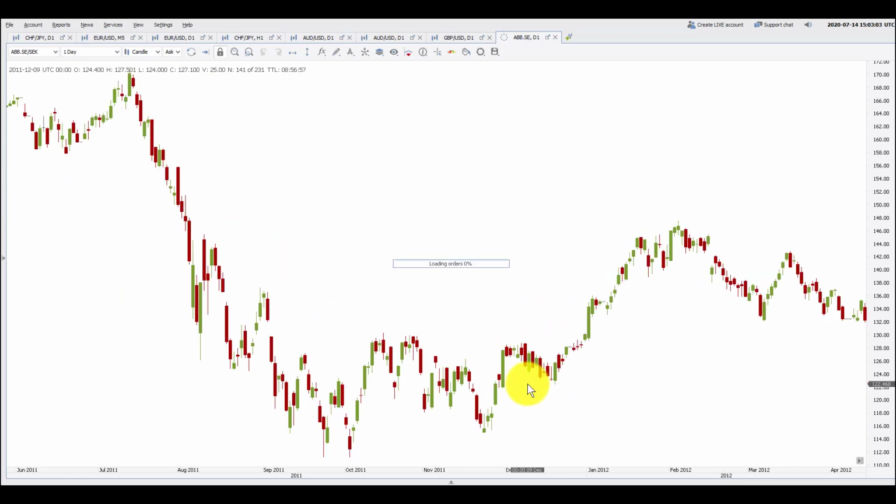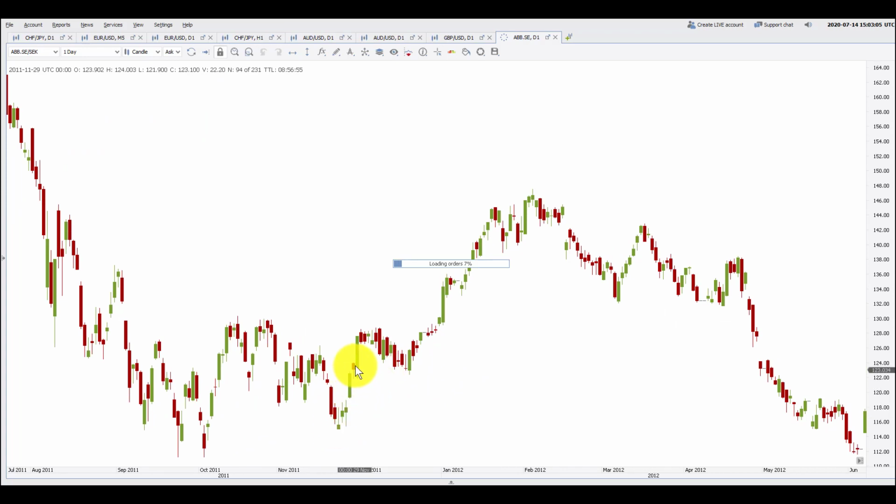You see, this is a sudden movement, then there is a channel. This is a typical example of a flag formation. From here the up move started, then the price started to go in a channel, then here it broke.